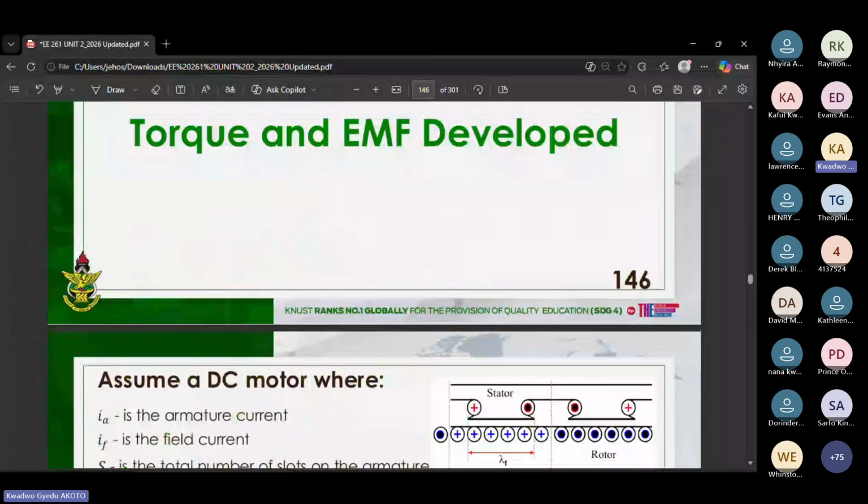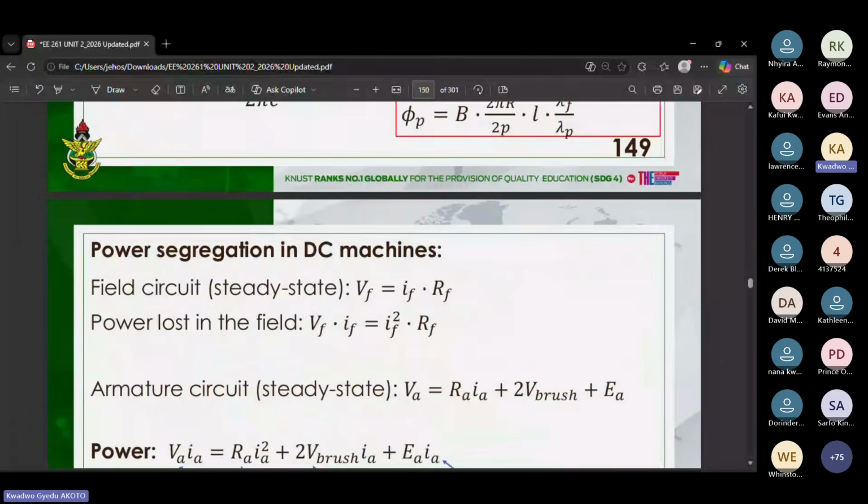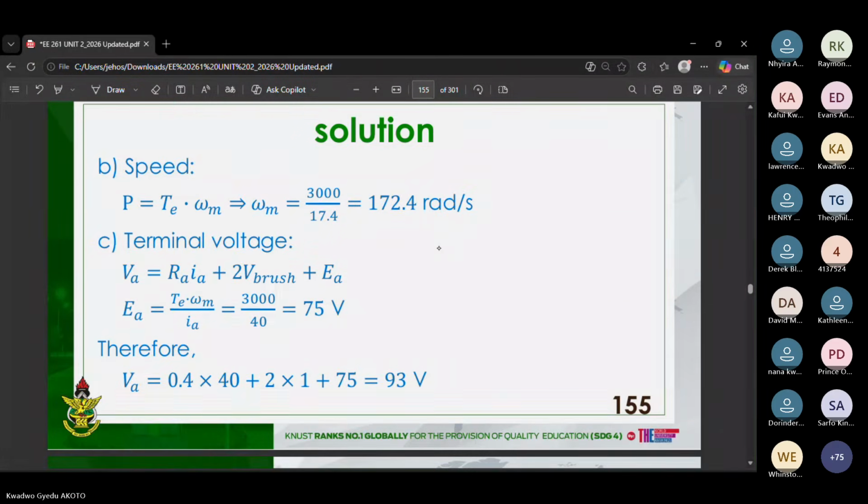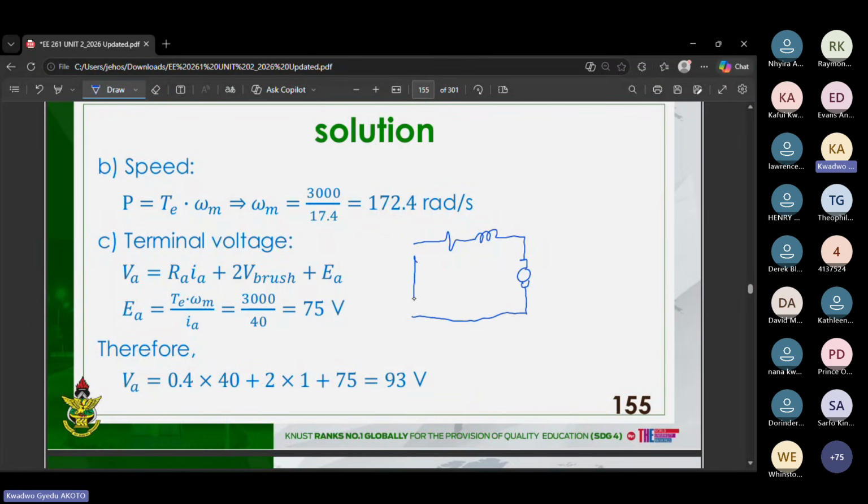So for our armature circuit, we know that we are going to have a circuit of armature with terminal voltage VA, right?